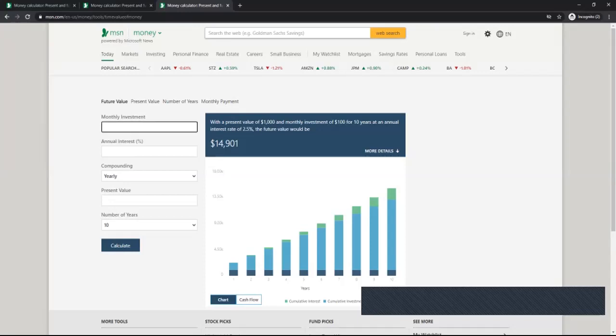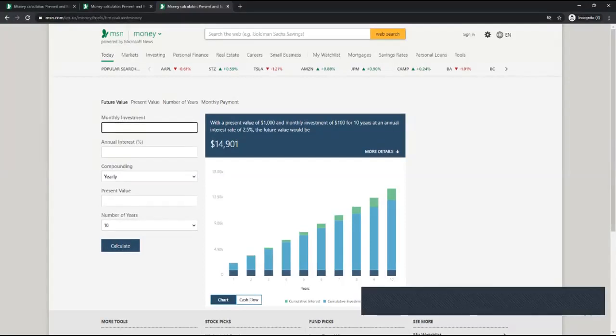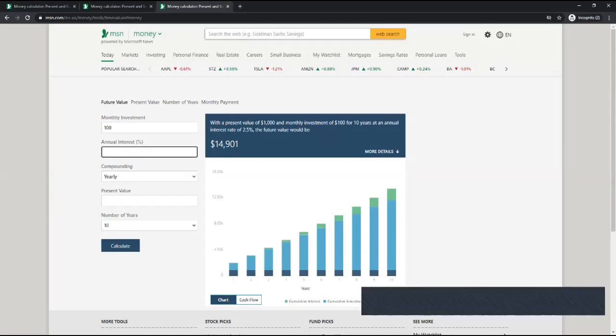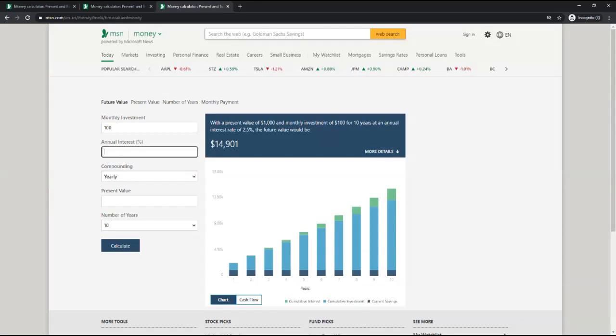So let's do a calculation. For example, if you want to find out the future value of your investment, let's say you're going to invest $100 every month. And let's say this is going into an investment account, for instance, a 401k, 403b, or a Roth IRA.